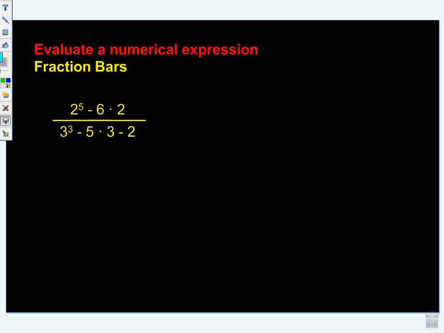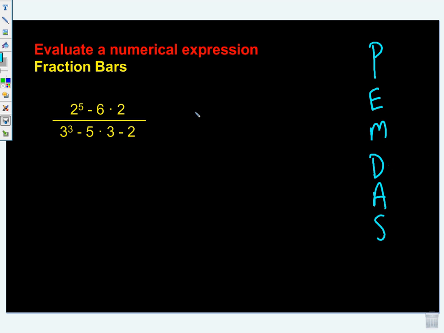Finally, the last example here today: oftentimes in numerical expressions a fraction bar will show up. Just remember all a fraction bar means is division. It's just a type of division. Well, you might be asking, division appears right here in the order of operations.